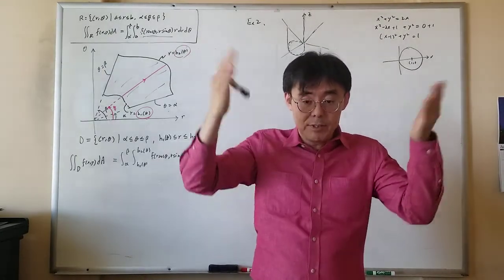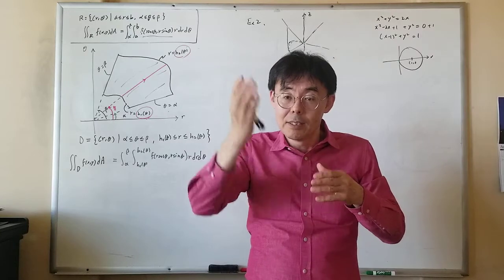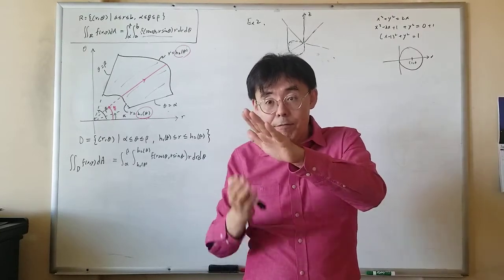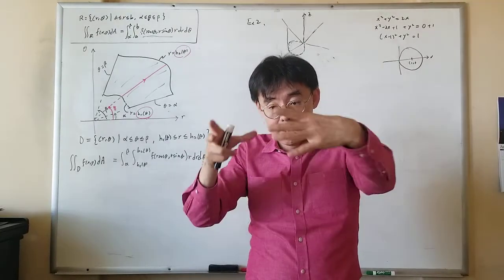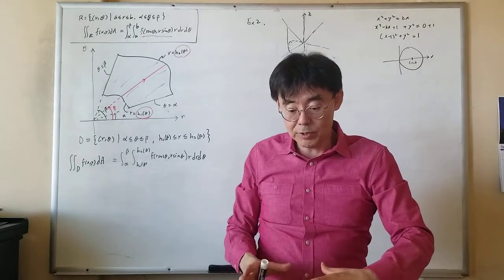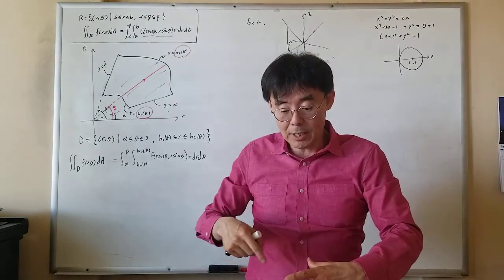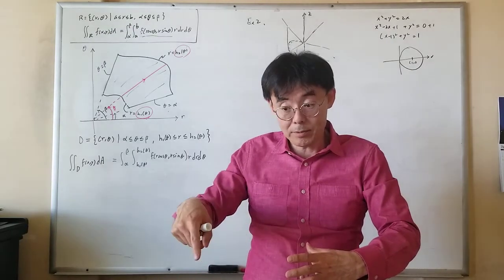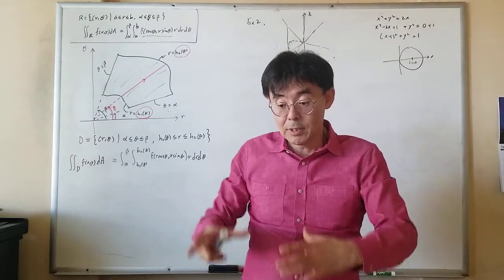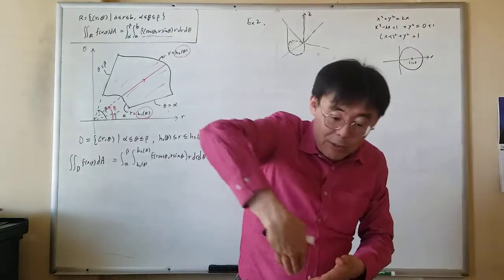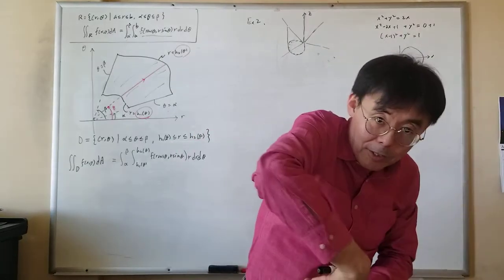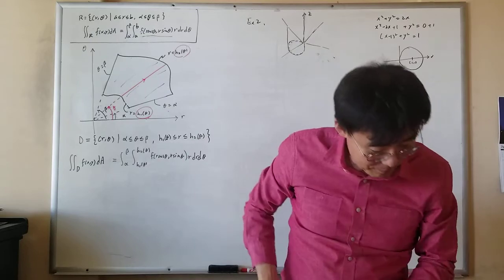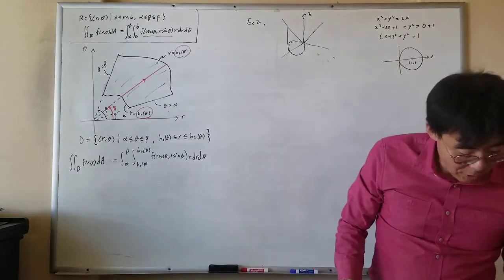You have a cylinder going up, and you try to draw a cylinder going through the origin and centered at (1, 0), going to (2, 0). So you have a cylinder, but then you have to carve out the cylindrical region. That's the region we're talking about.